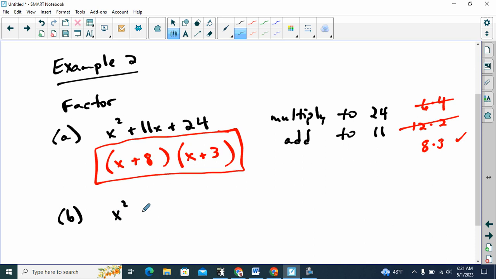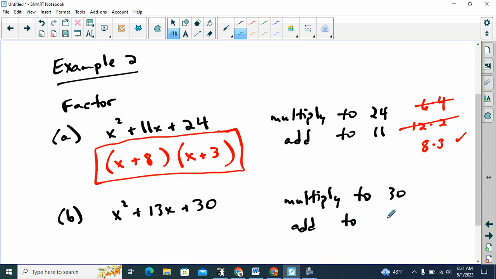Part B, let's go x squared plus 13x plus 30. We need them to multiply to 30 and add to 13.